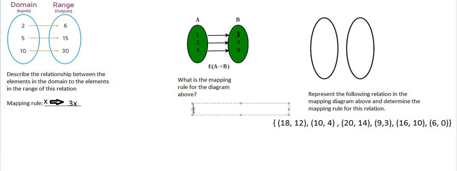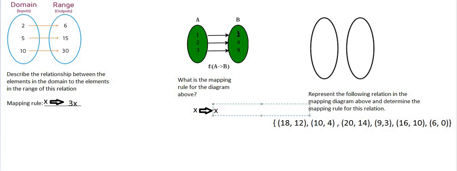So that means our relation is going to be x maps onto... this arrow is a bit skinny. x maps onto x squared.